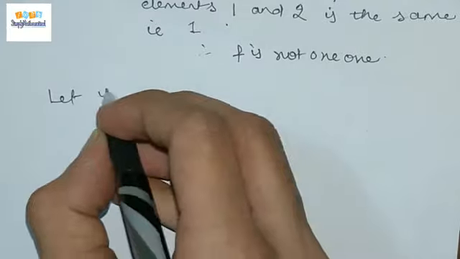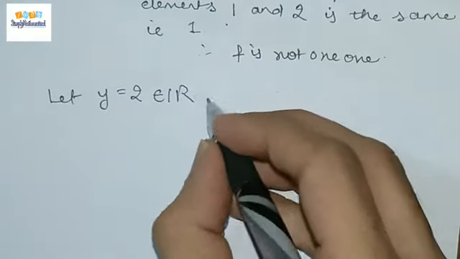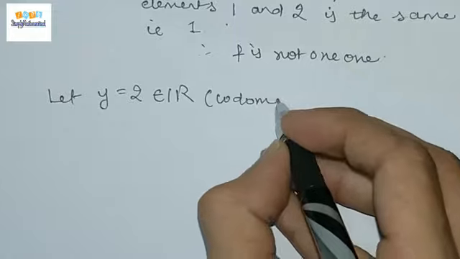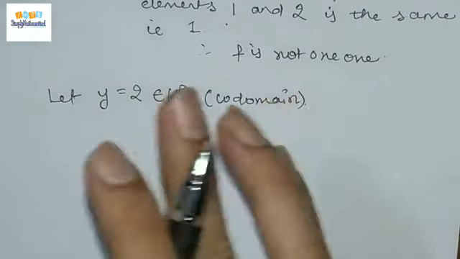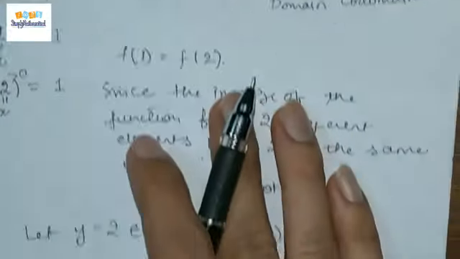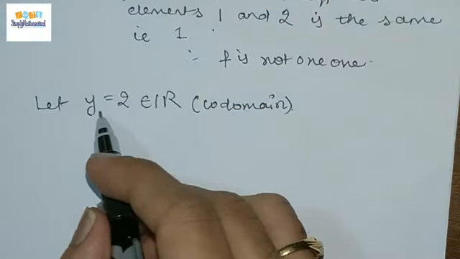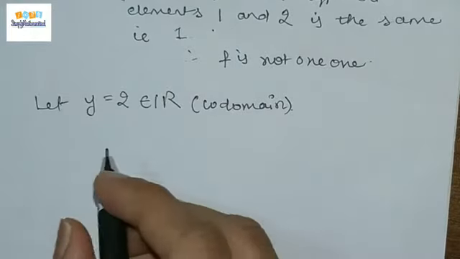Let y be equal to 2, which belongs to R, the codomain. 2 is there in the codomain, but the range set of the function is 1, 0 and minus 1. So we are taking y equal to 2 belonging to the set R, which is the codomain.